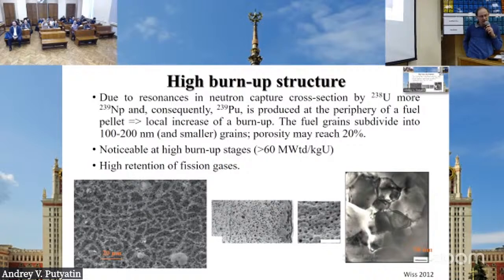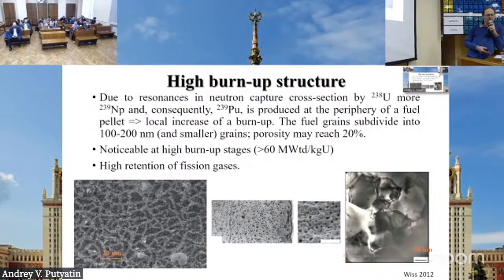We saw already that the fraction of plutonium changes in the radial direction. Plutonium initially concentrates mostly in the central part of the fuel pellet, then its concentration goes down and then goes up, but at very high degrees of burn-up, due to the so-called resonance nature of neutron capture by the uranium-238 oxide isotope, we have a very high concentration.